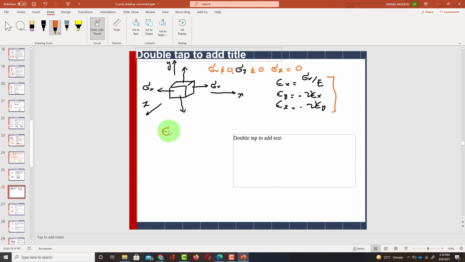Also we will have epsilon y, epsilon x, and epsilon z due to this vertical loading, normal stress. Now what will be its value? Epsilon y will be sigma y over E, epsilon x will be equal to minus nu times epsilon y, and epsilon z will be equal to minus nu times epsilon y. Did you understand?